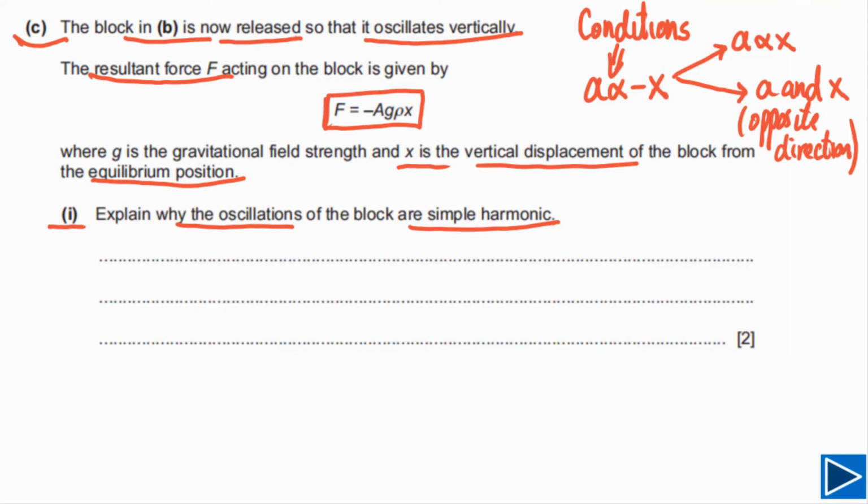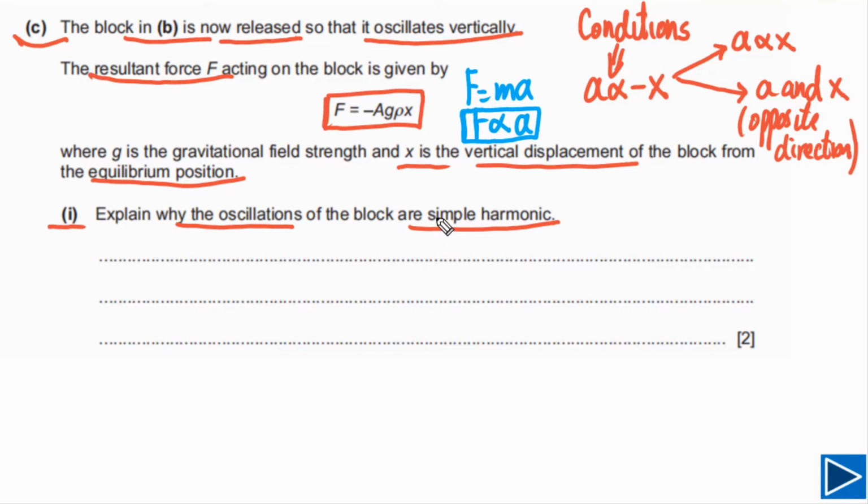This is also true if you look at F is equal to ma, the resultant force is equal to ma. If mass is constant, then F is directly proportional to a.